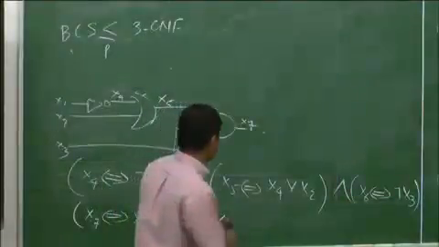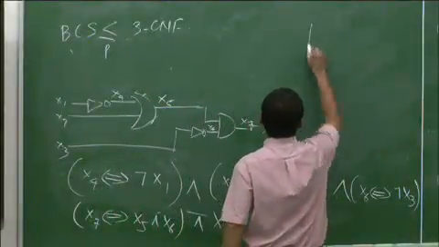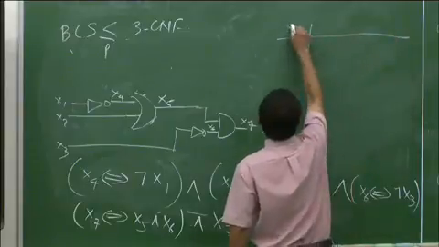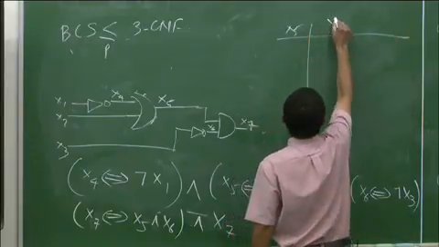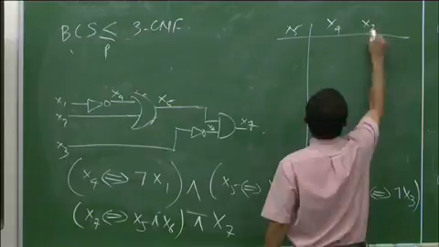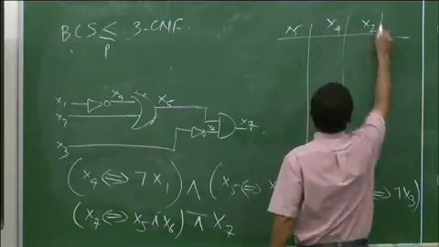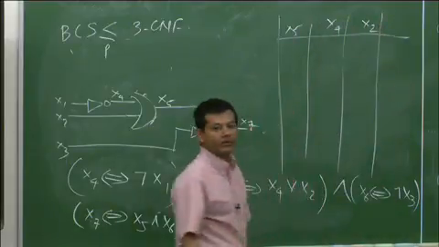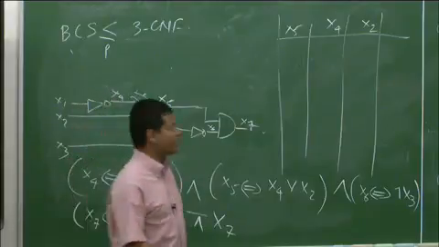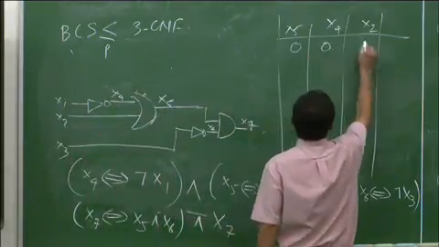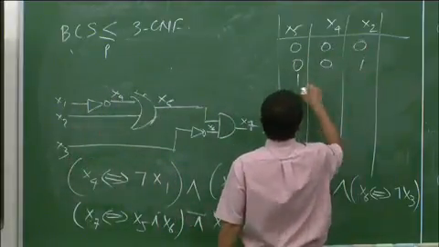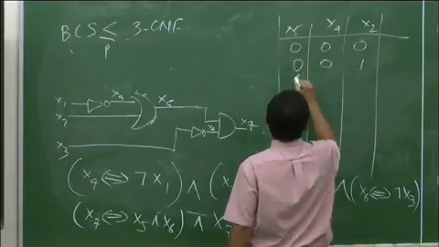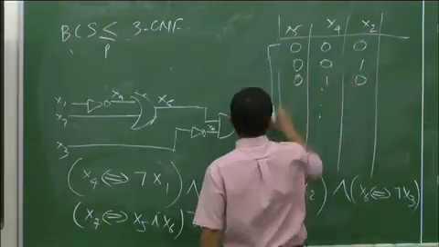The 3's I am going to do in the following manner. So, I am going to take x5, x4 and x2 and give them all possible ways they can go about it. So, you can have 0, 0, 0, 0, 0, 1, 0, 1, 0, there are 8 of those.